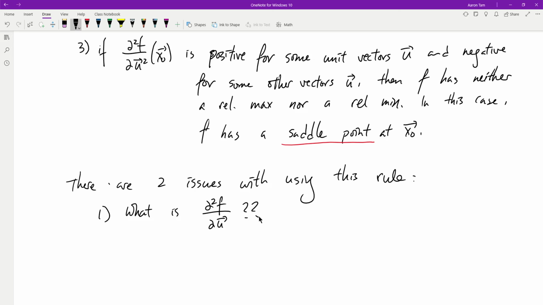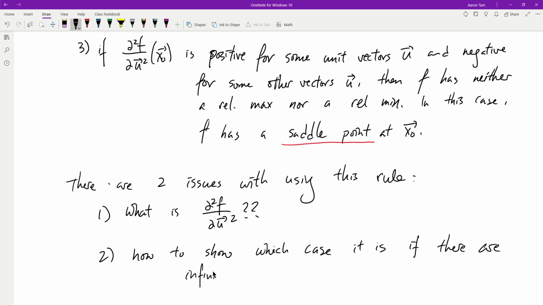I mean, we have never defined what this is to begin with. So what is it actually? Oh, I forgot a square. Okay, so that's the first problem. And two, how to show which case it is, whatever we need to be true, if there are infinitely many vector u.